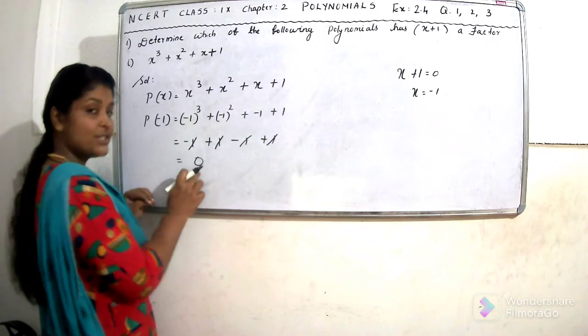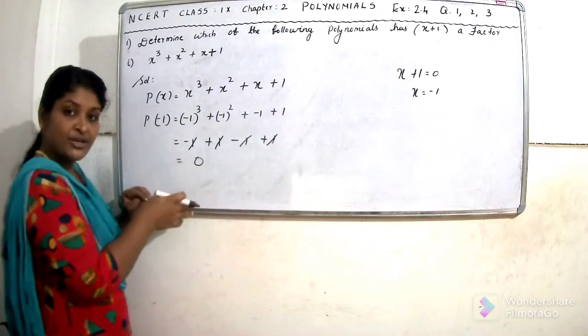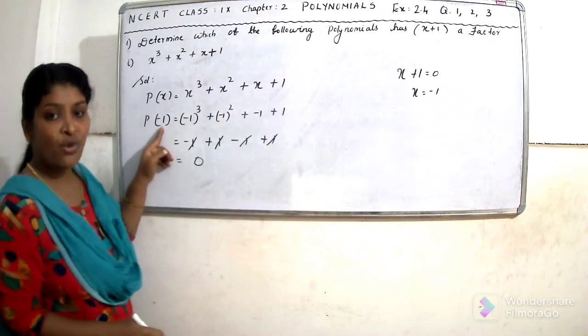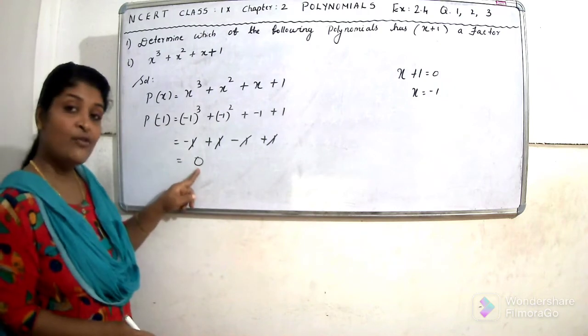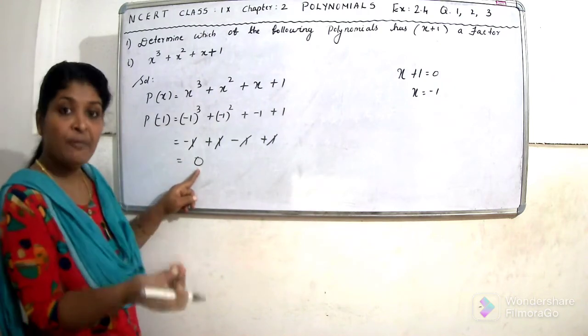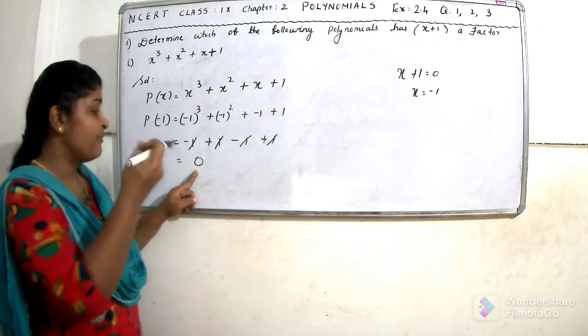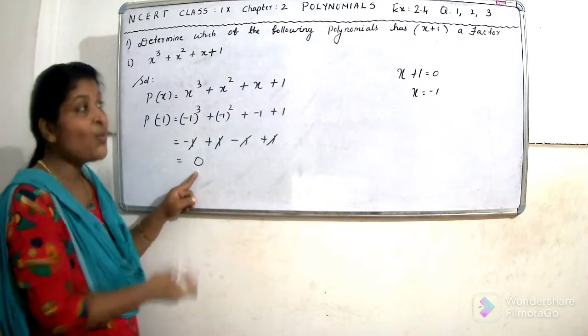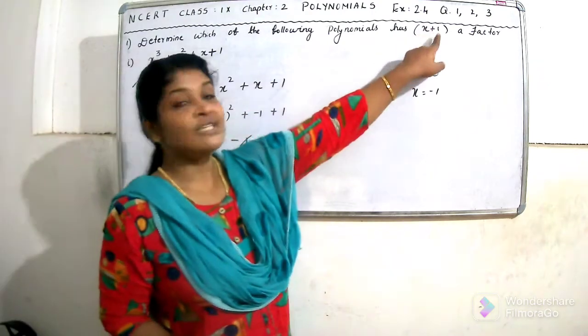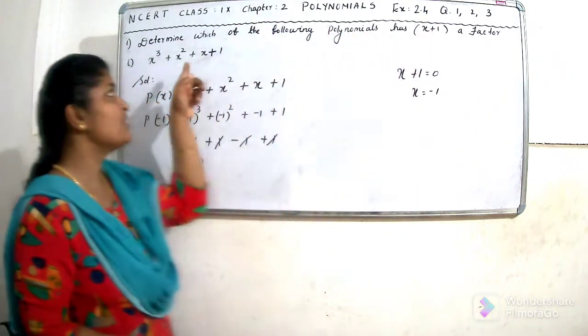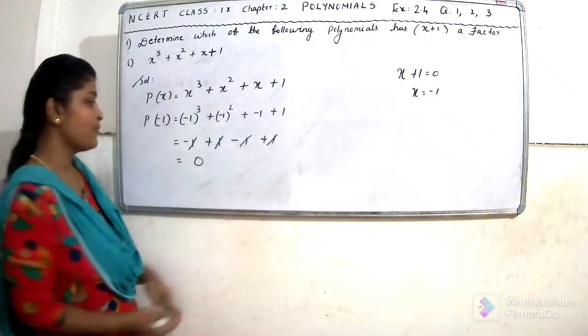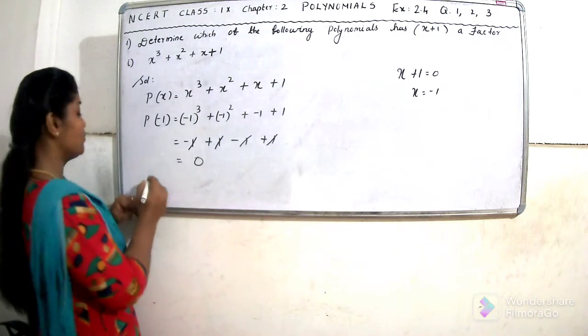So here we got 0, and according to the remainder theorem, when we apply the zero of the polynomial, what value are we getting? We are getting the value of the remainder. So here we got the remainder as 0. If we get the remainder as 0, then x plus 1 is a factor of this polynomial. So we can write the conclusion.